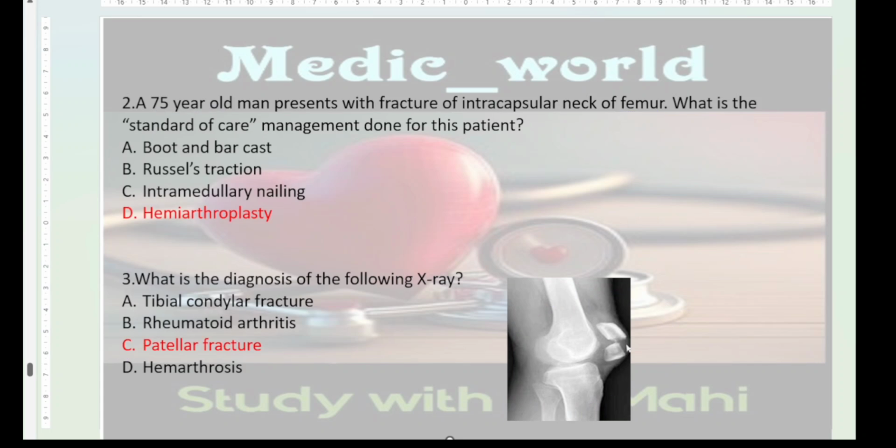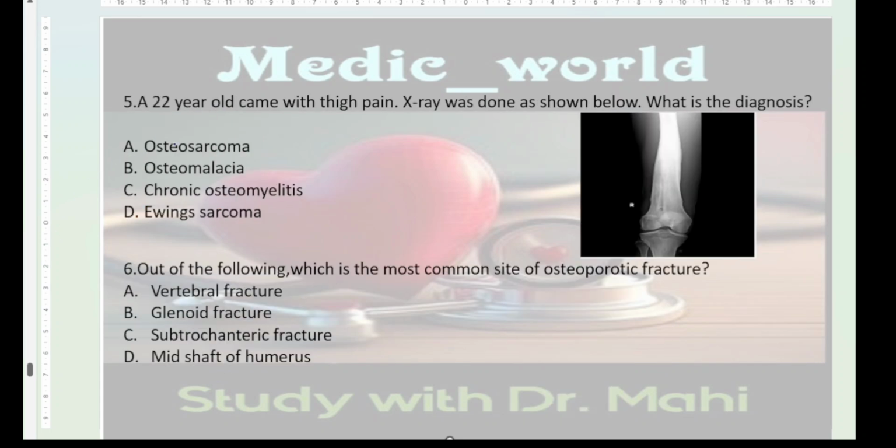Now, the next question is a 22-year-old came with thigh pain. X-ray was done as shown below. What is the diagnosis? Let's see the X-ray here. Here we can see an opening, that is the cloaca. Here involucrum is seen, and in the center we can see the sequestrum.